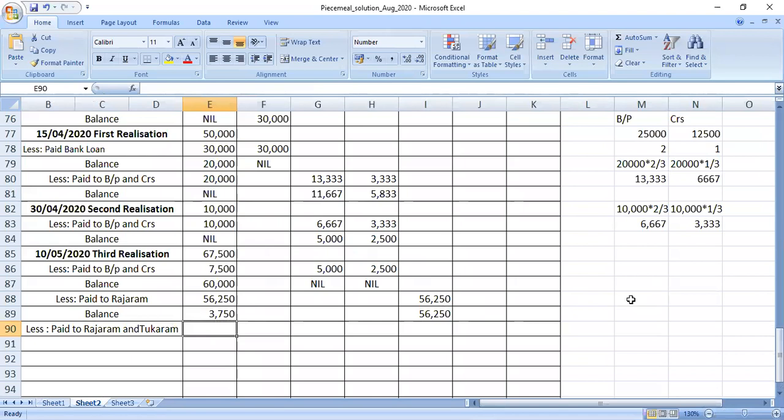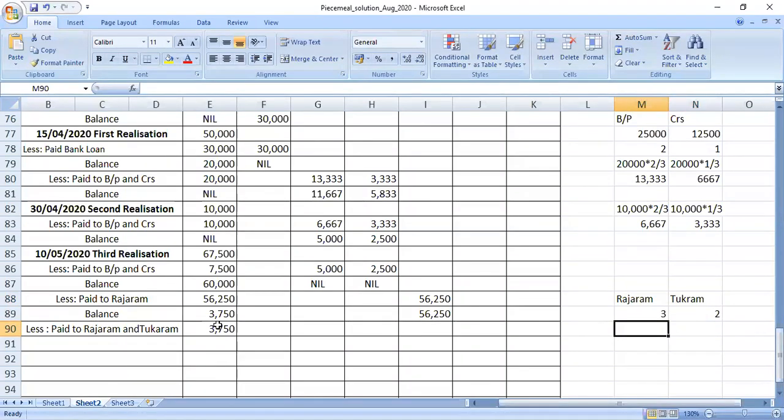What we have to do? We will consider Rajaram's and Tukaram's ratio. Rajaram's ratio is 3 and Tukaram's ratio is 2. This 3,750 amount we will distribute between Rajaram and Tukaram as per their profit sharing ratio.